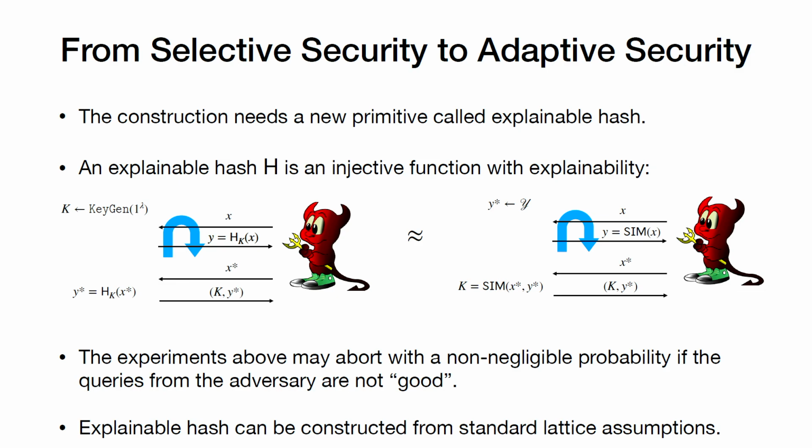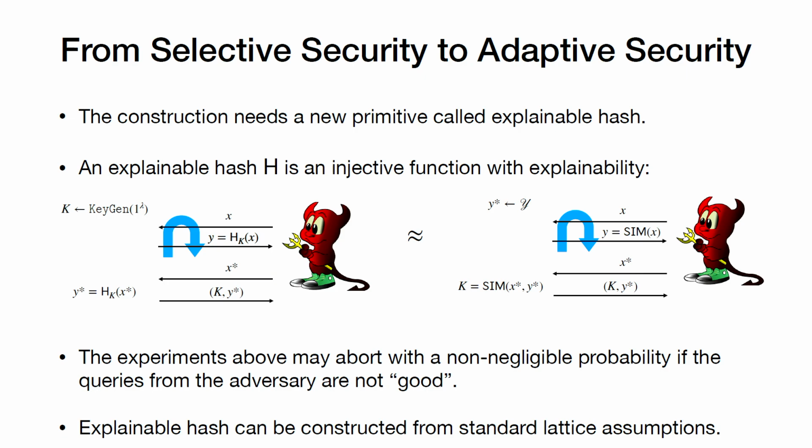But here, we will revise the description of the hash function after seeing the challenge input X star. Also, we allow the challenger to fail with some non-negligible probability. So these restrictions make the new primitive not as strong as the random oracle, but it allows us to construct it from standard lattice assumptions in the standard model.